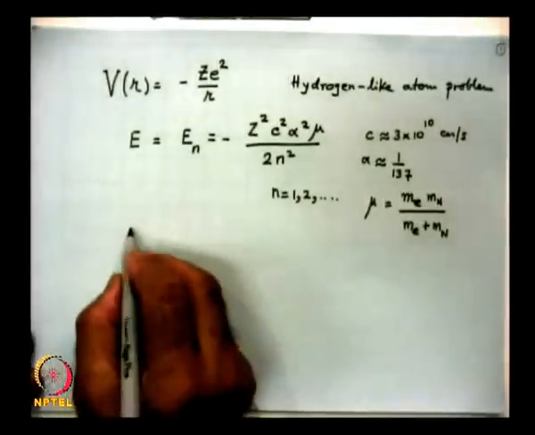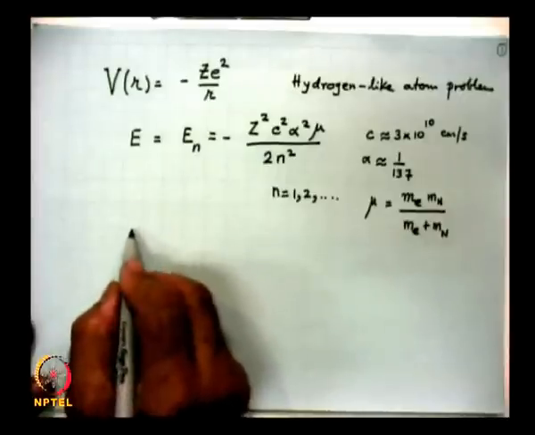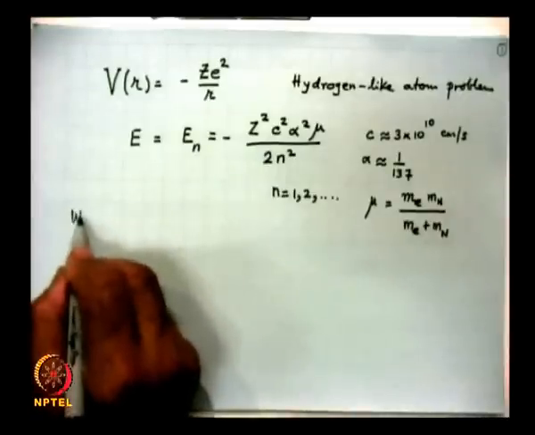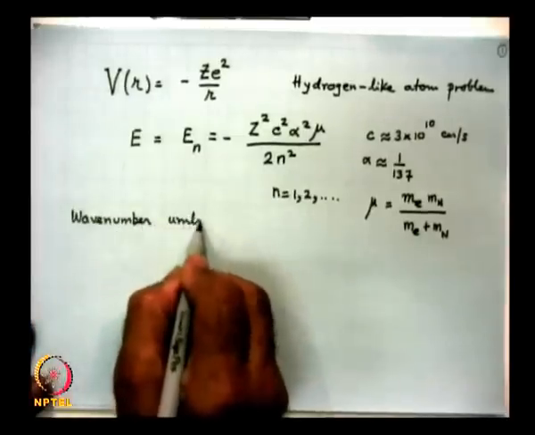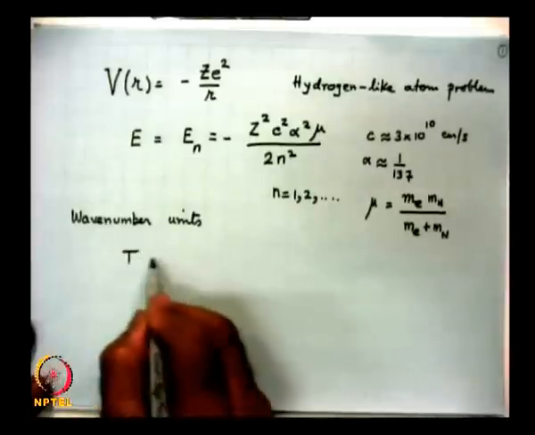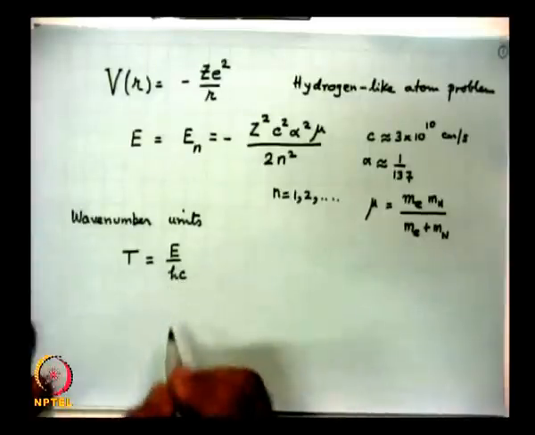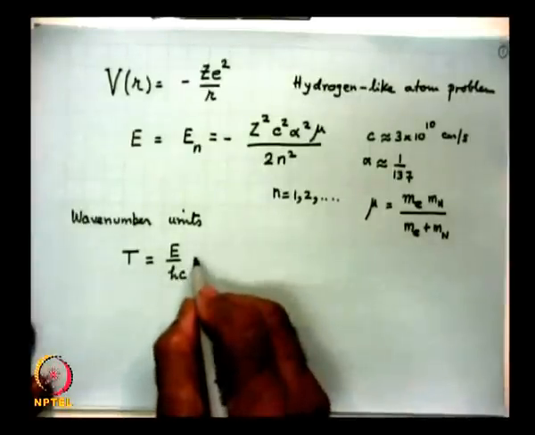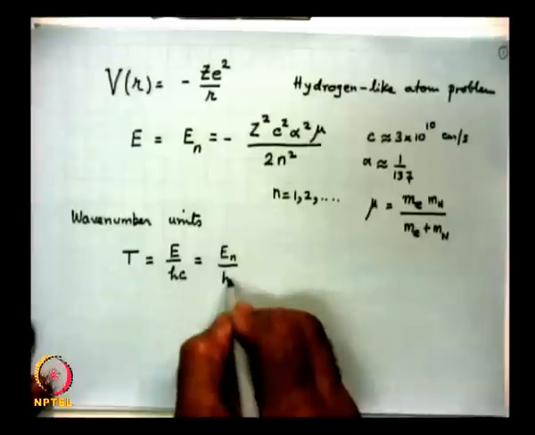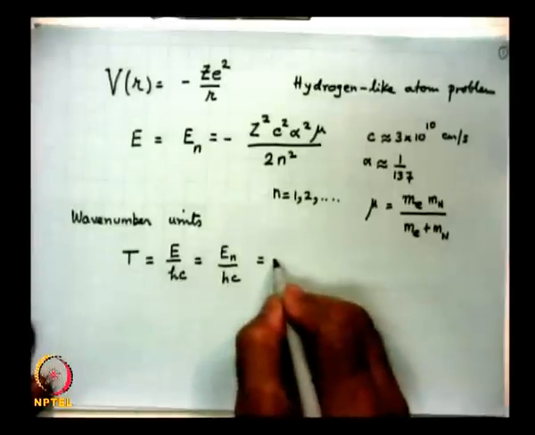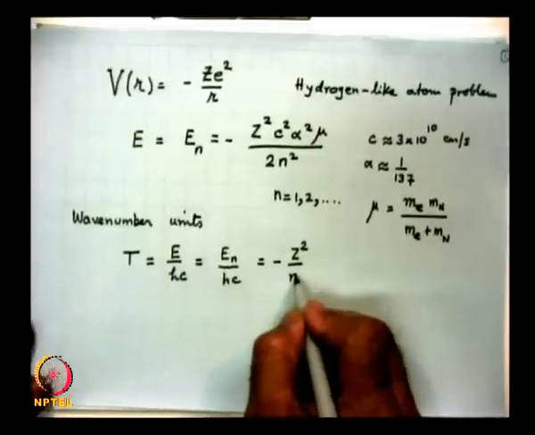Now, we said that usually in spectroscopy we write the energy levels in wave number units, and the term value for each state is defined as E by hc, where h is the Planck's constant and c is the speed of light. So, you will have E_n by hc, and this will be equal to minus Z square by n square.